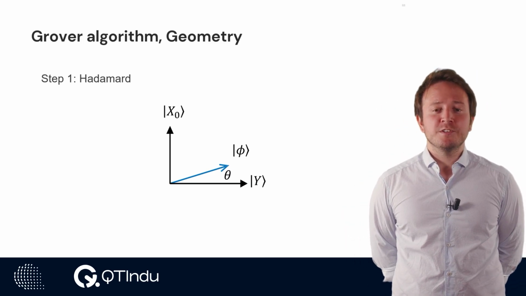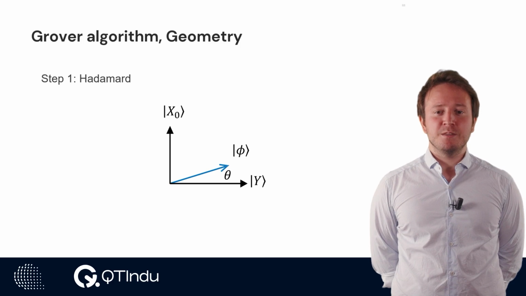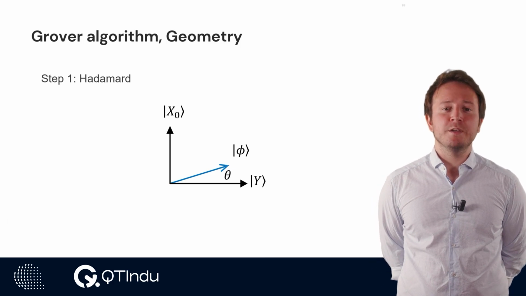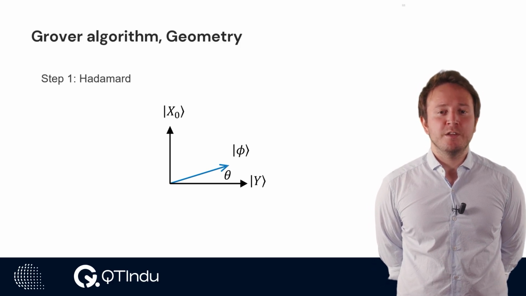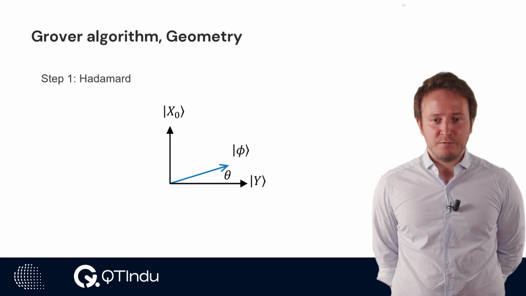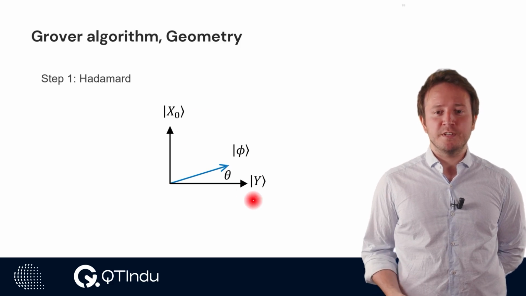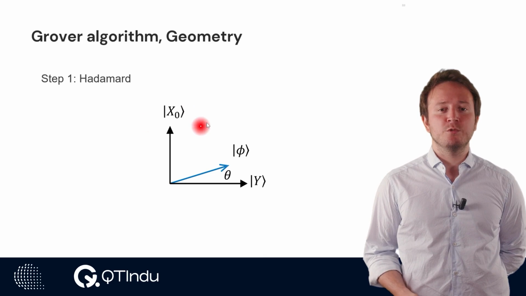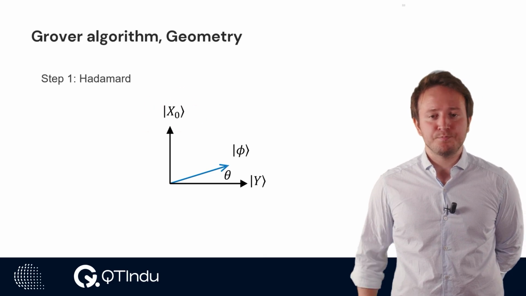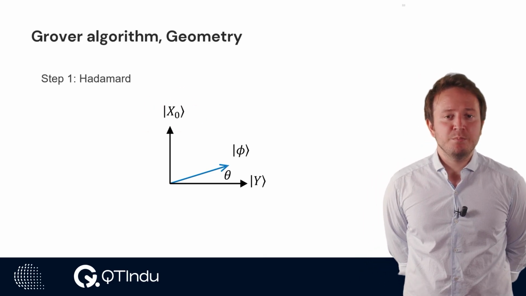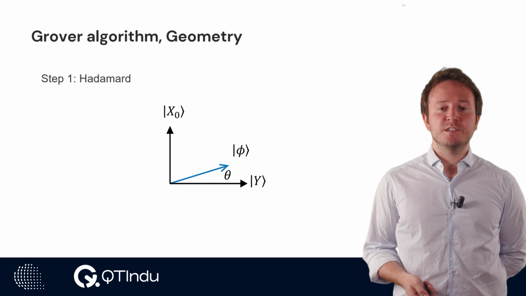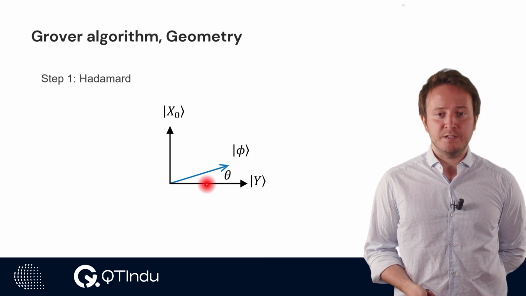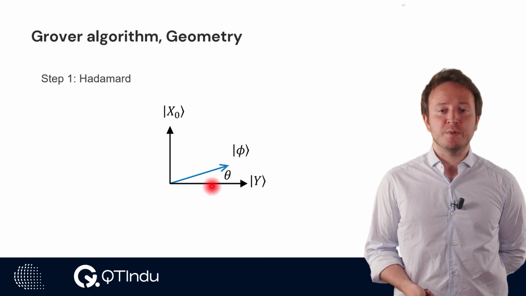We start by considering the vector space spanned by the orthogonal vectors y and x0, which, I remind you, are the state vector of the combination of all the unwanted states and the state that we want to reach. The initial step after the Hadamard is a slightly rotated state in this vector space, the state phi.